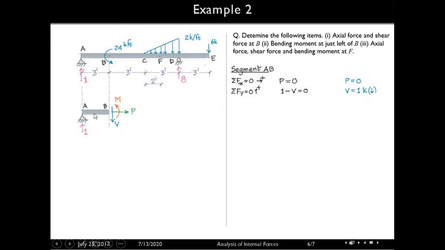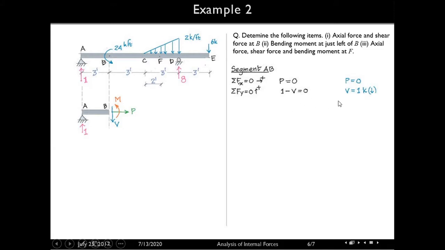We can start from point A. At point A we can see a 1 kip load acting upward, so it will be positive 1, and then we can see another y directional force acting downward, V. As we have taken upward as positive, it will be minus V. In total it will be equal to 0 according to the equation summation of Fy equals 0.